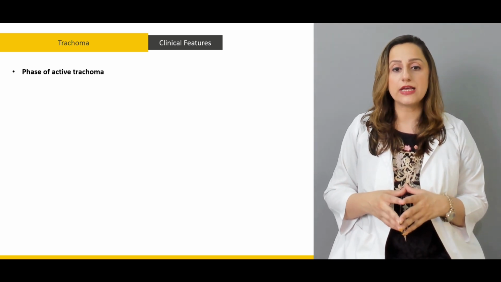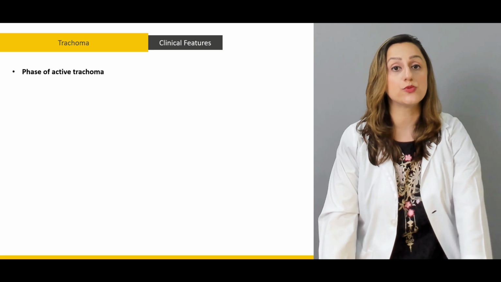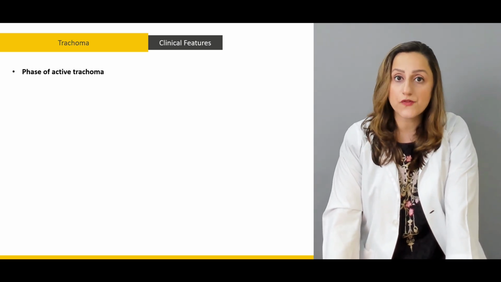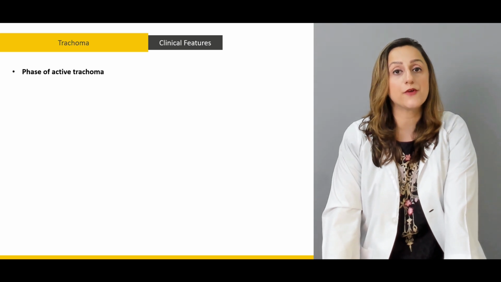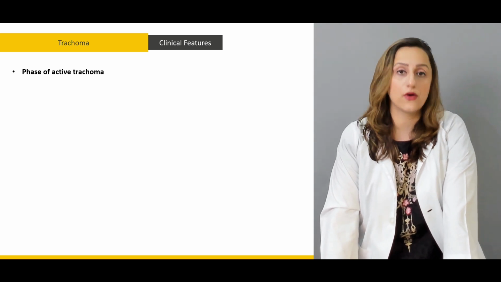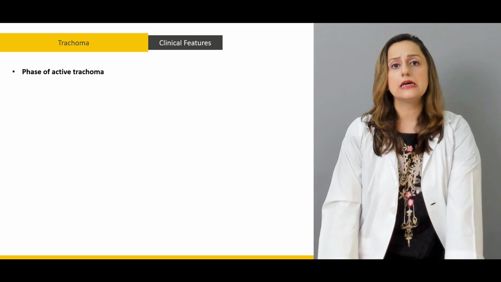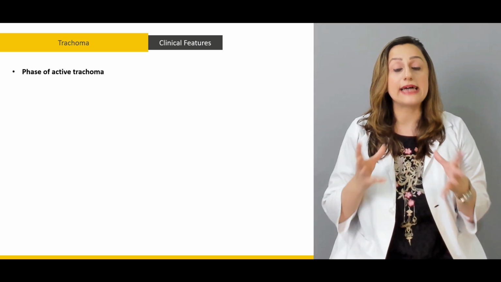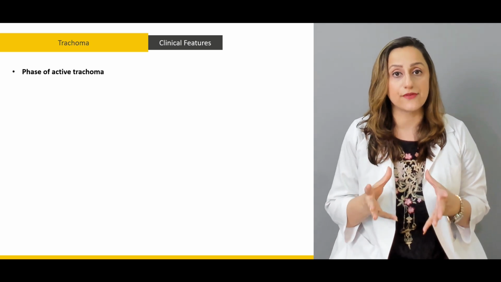So we have a phase of active trachoma in which we have to look for signs in the conjunctiva of the individual, and we also have to look at the signs in the cornea. The signs at the conjunctiva would include conjunctival irritation and, of course, conjunctival inflammation.